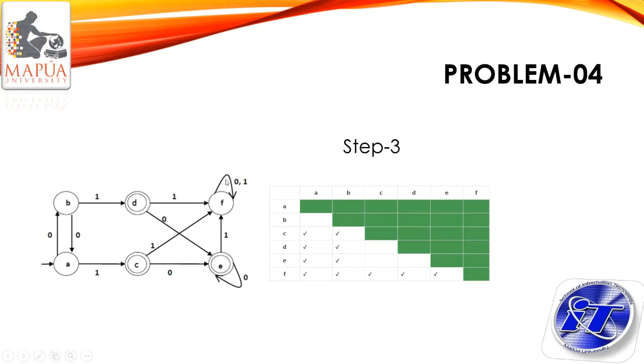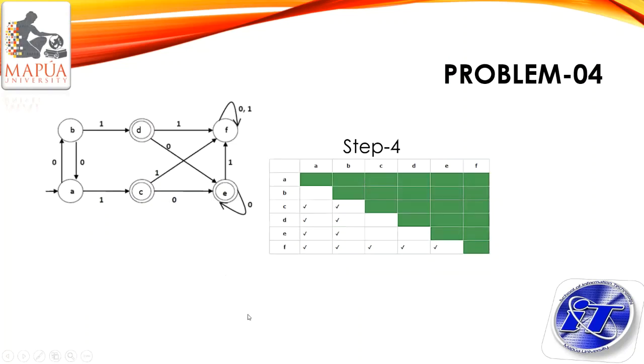If it's 1, it will go to D and it will go to C. CD, still not marked. So therefore the rest cannot be marked.